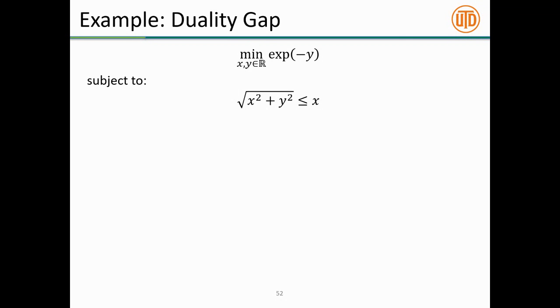The reason that this is particularly dumb is that if you reformulate this constraint, this is the same thing as saying that x squared plus y squared should be less than or equal to x squared, or equivalently that y squared should be less than or equal to 0, or equivalently, that y is just equal to 0.